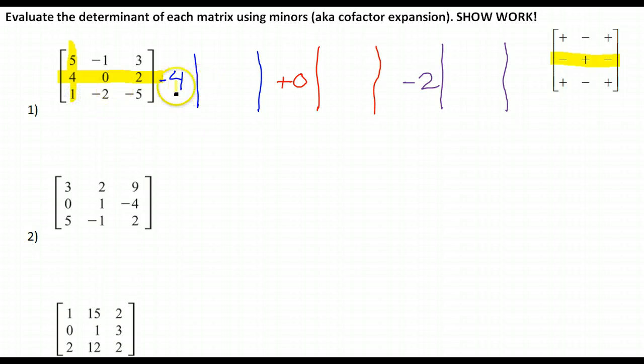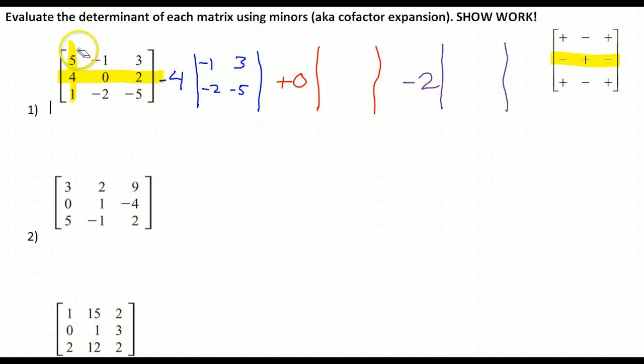Since the 4 is the first multiplier, we will cross out not only the second row, but also the first column. If I cross those out, then look what is left. I have negative 1, 3, negative 2, and negative 5. Now this matrix is known as a minor. That's why this is called using minors. And that's how you get it.